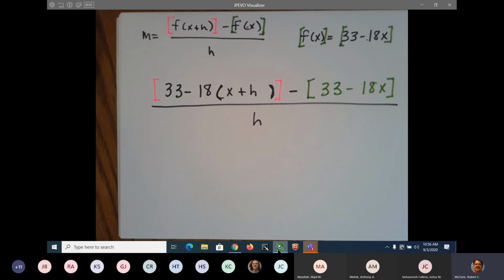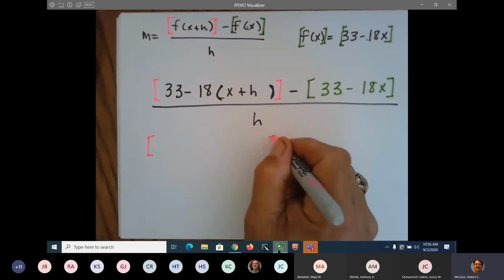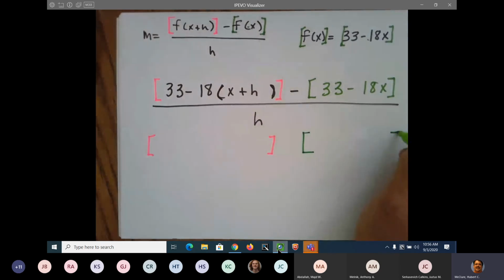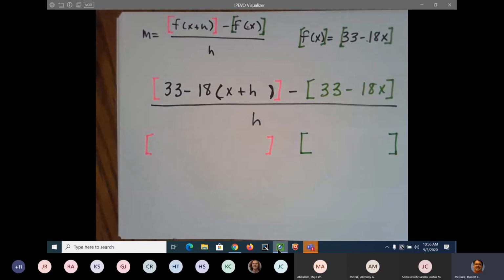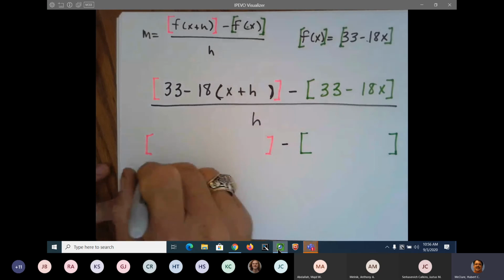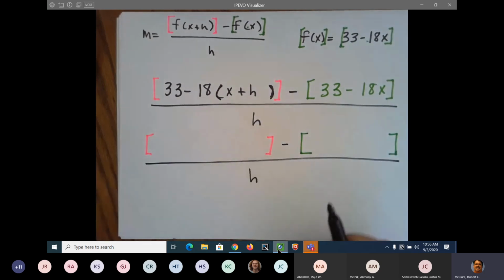So 33 in the pink brackets, and green brackets. Y'all wouldn't be able to do this problem if I didn't use these colors, would you? Maybe I need an overhead projector. Maybe that's what I need.